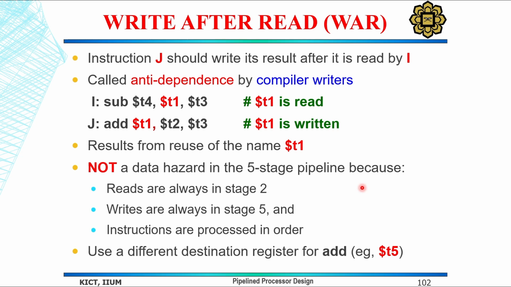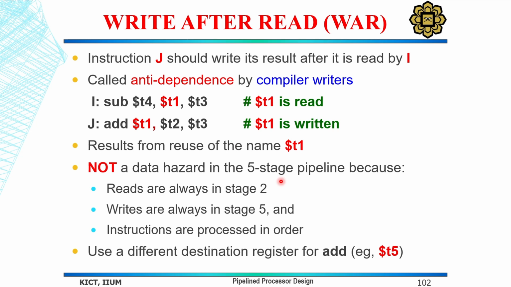Actually, the issue results from the reuse of the name T1. However, this is not a data hazard in the five-stage pipeline because reads are always in stage 2 and writes are always in stage 5. So the read value depends on the previous value, not the value being written later. Since instructions are processed in order, there is no problem.